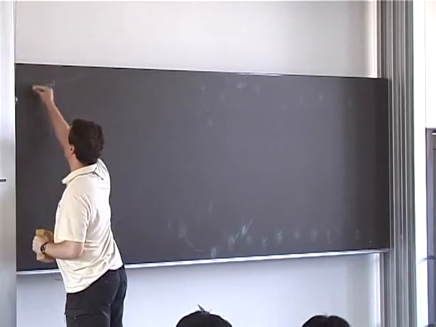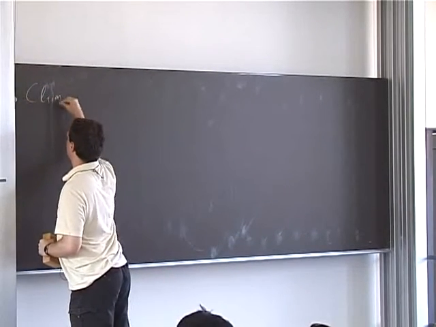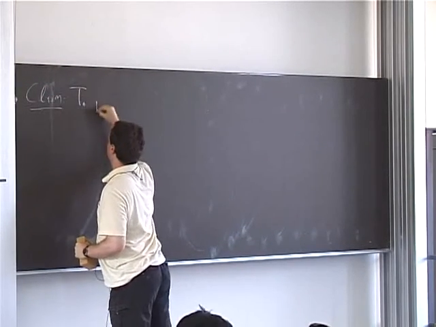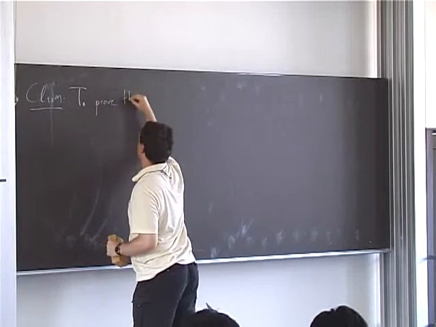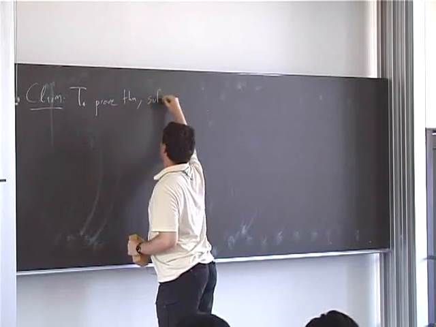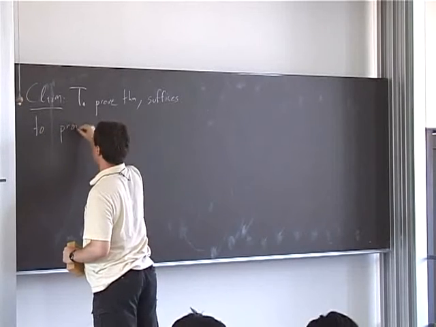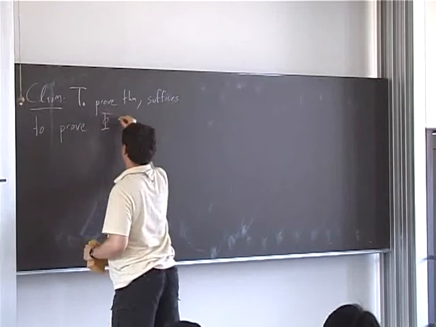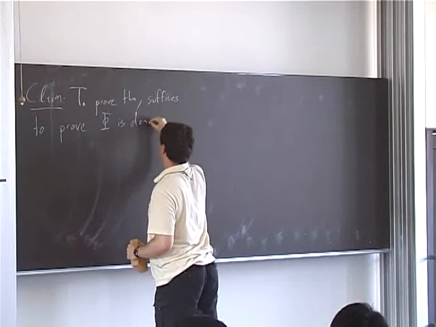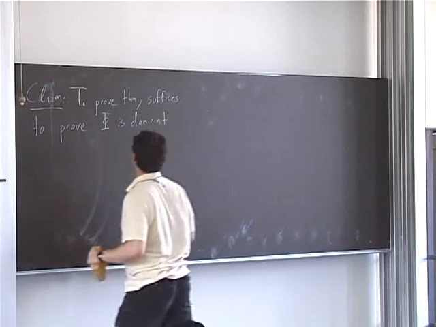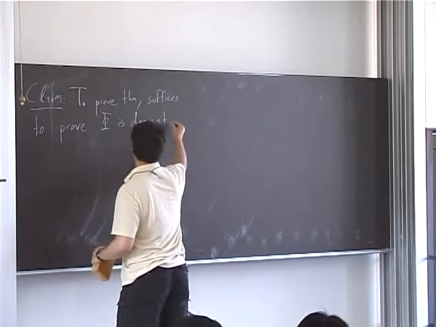So claim: to prove the theorem, it suffices to prove phi is dominant, that the image of phi contains a non-empty Zariski open subset. And why is this?